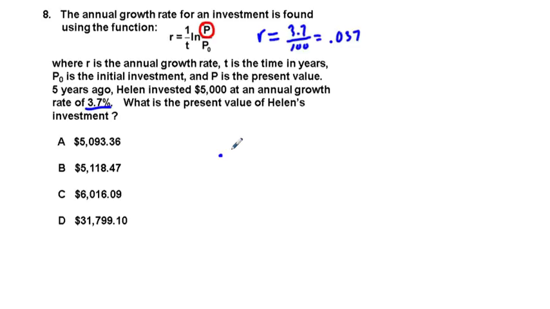Just setting up the formula, I'm going to write it below. We have 0.037 equals 1 over t, and the t they give is in years, so we have 5 years times the natural logarithm of the ratio of our present value investment, which we don't know, to our initial investment, which is $5,000.